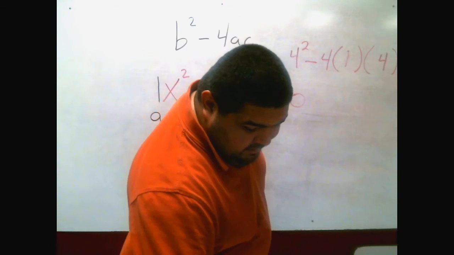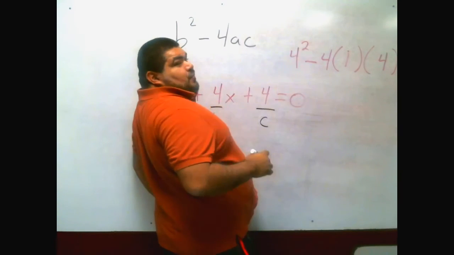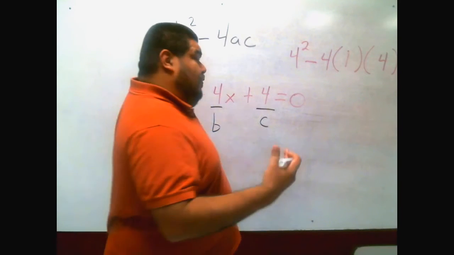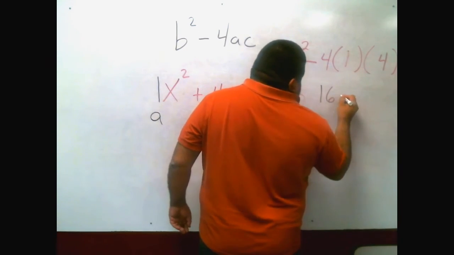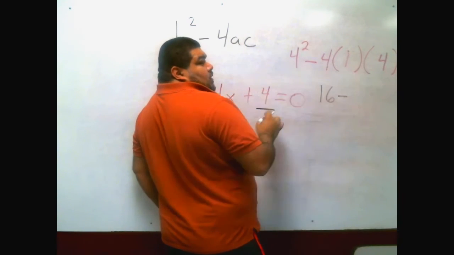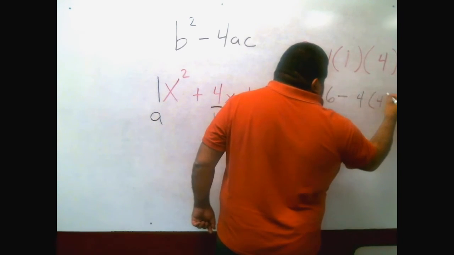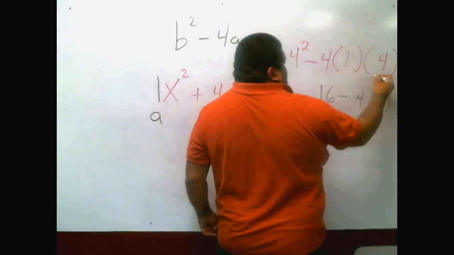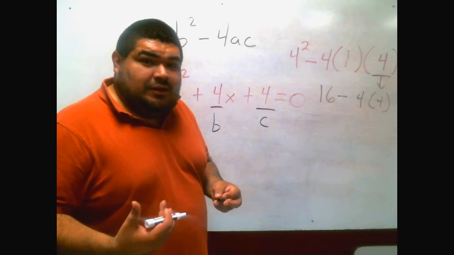So we have, let's choose brown. 4 times 4 is saying the same thing twice, so 4 times 4 is 16. So we have 16 minus 4 times 1, which is 4, because anything times 1 is itself. Then bring down the next 4, because we didn't do anything to it.